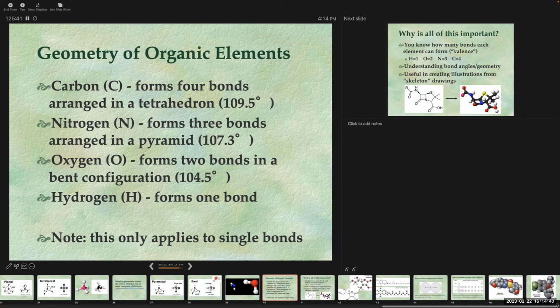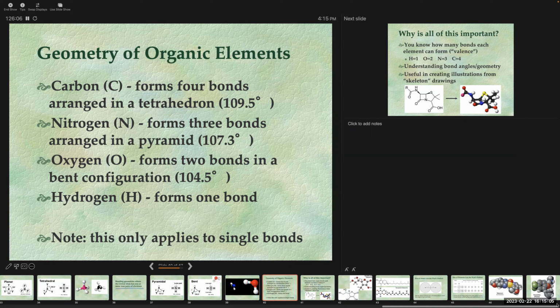Nitrogen always forms 3 bonds, and those 3 bonds are arranged in a pyramidal structure with angles of 107.3. Oxygen always forms 2 bonds in that bent configuration. There's only 2 bonds, so there's only 1 bond angle, but that angle between those 2 bonds is 104.5, and hydrogen only forms 1 bond.